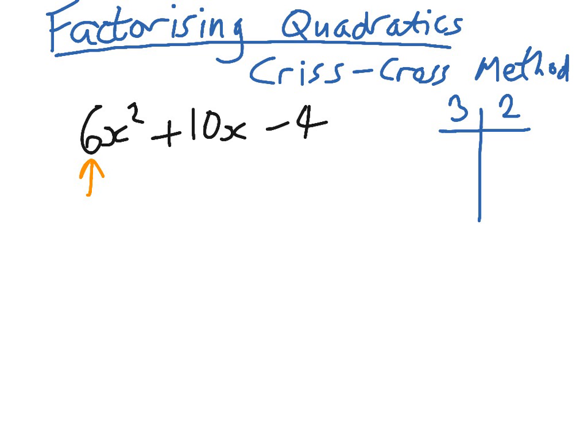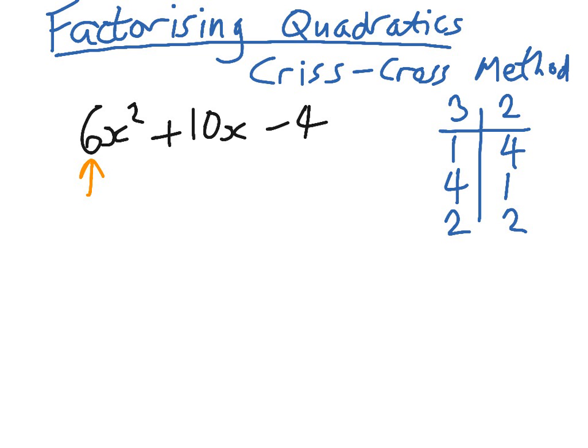Underneath it, we now need pairs of numbers that are going to multiply to make 4. Okay, and at the moment I'm ignoring the sign, and so those pairs, we have 1 multiplied by 4, or we could have 4 multiplied by 1, or we could have 2 multiplied by 2.